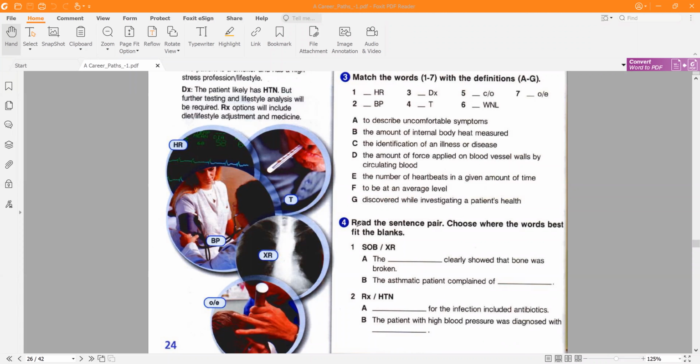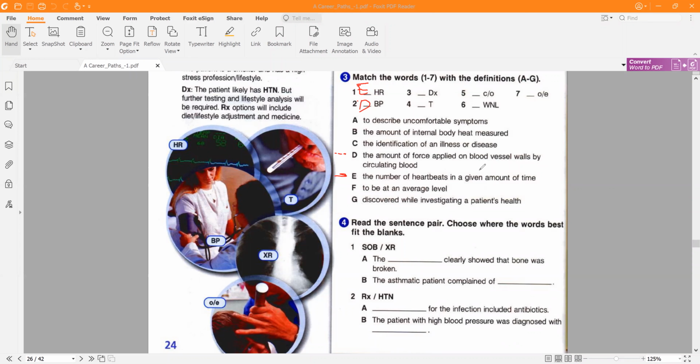HR is number E. The number of heartbeats in a given amount of time. So heart rate or beating rate. 2, BP is number D, it's blood pressure. So the amount of force applied on blood vessel walls by circulating blood. So that's the blood pressure.